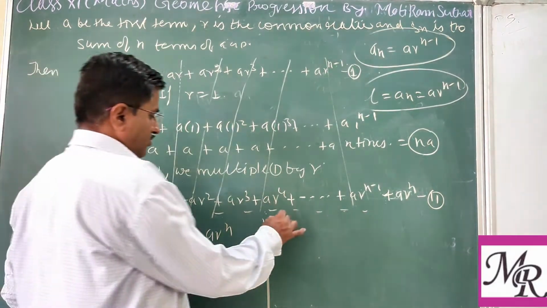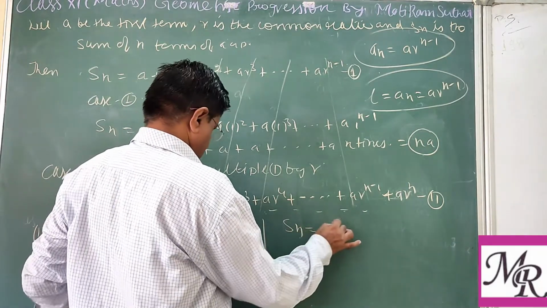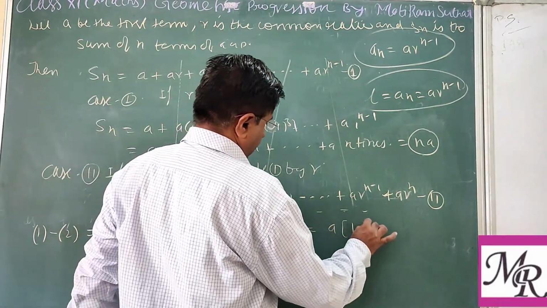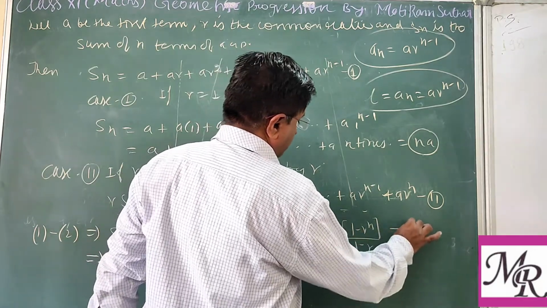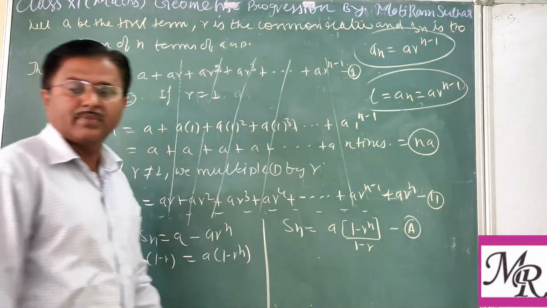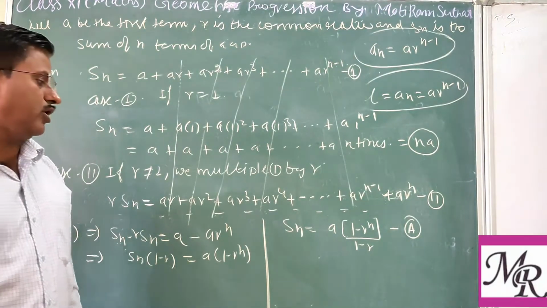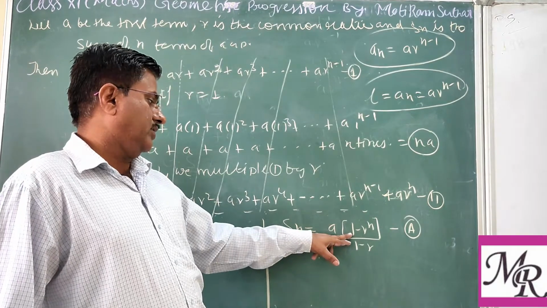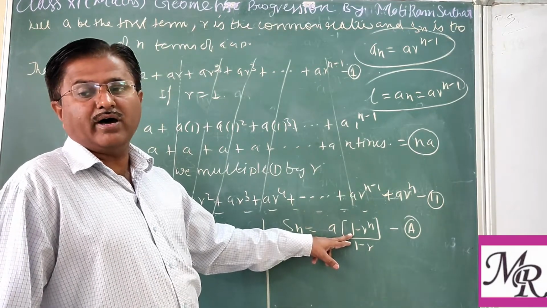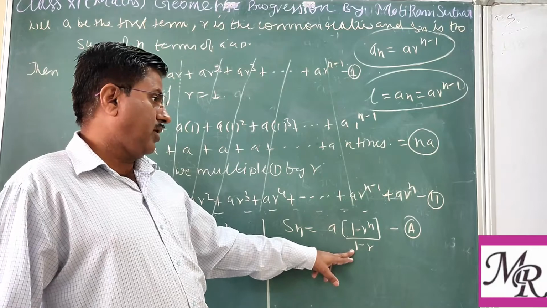Sn equal to A into 1 minus R power n upon 1 minus R. So this is formula number 1. We get the formula Sn equal to A bracket into 1 minus R power n whole upon 1 minus R.